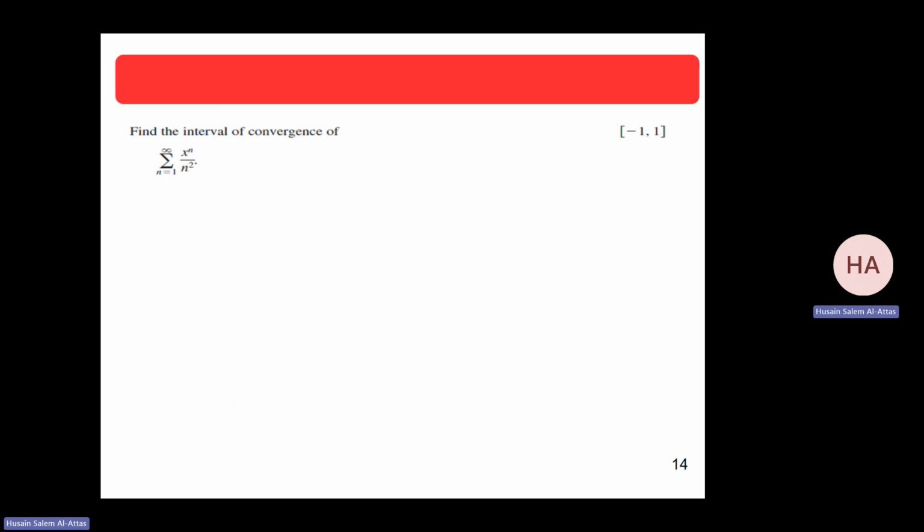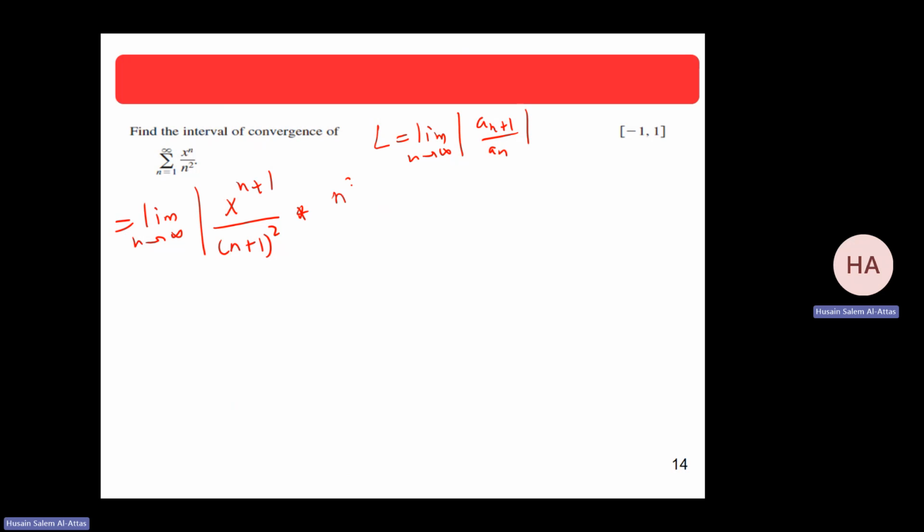Okay, same thing. We'll find L, the limit as n goes to infinity of a_(n+1) over a_n. That will be the limit as n goes to infinity of x to the power n plus 1 over (n plus 1) squared, times n squared over x to the power n.